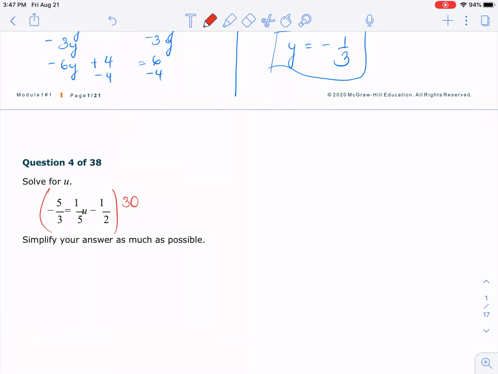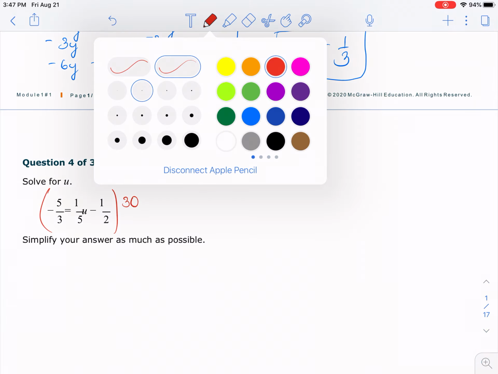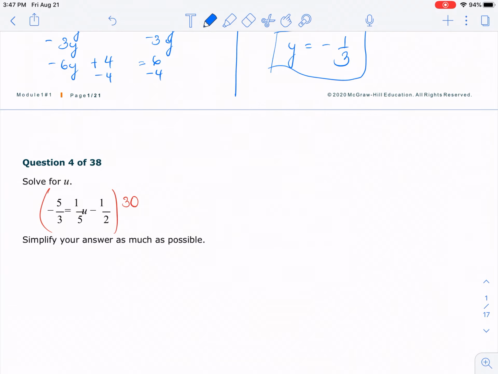So first, we have negative 5/3 multiplied by 30. So you simplify 30 and 3, which is 10. So 10 times negative 5 is negative 50. Equals 30 divided by 5 is 6u. And then a half times 30, that's 15.